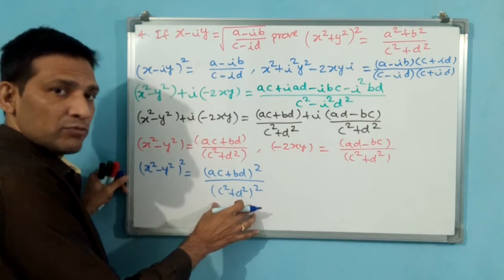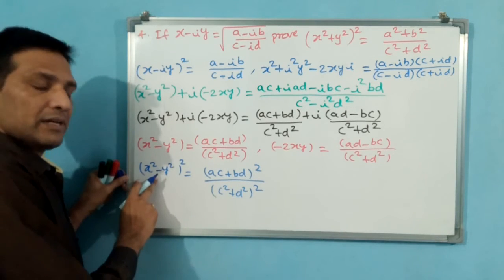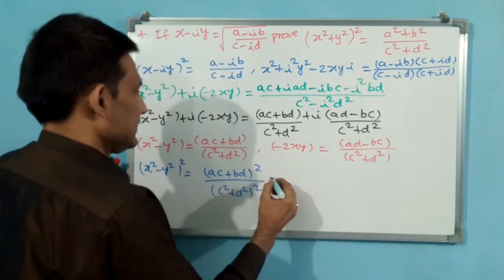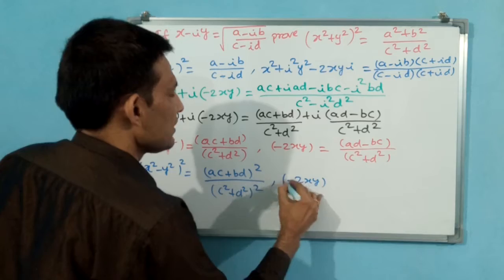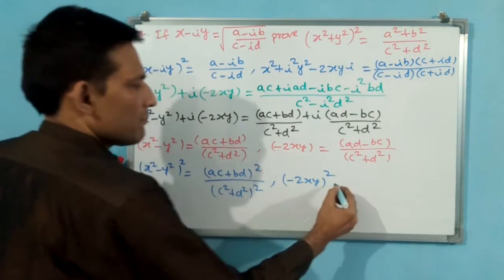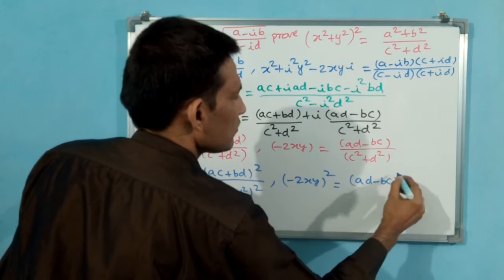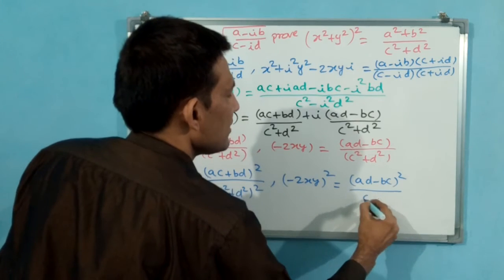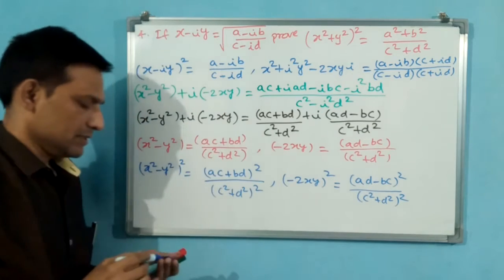See, this c square plus d square we don't expand, but this we will expand. Okay, we have to do it like that. Comma, this minus 2xy also you square. Why? Because you have to square both sides, no? AD minus BC whole square by C square plus D square whole square. Okay?